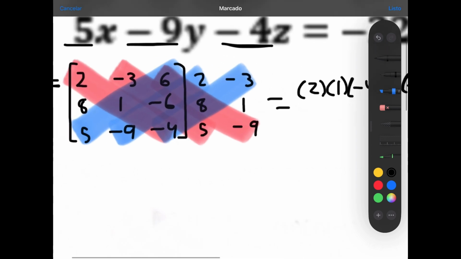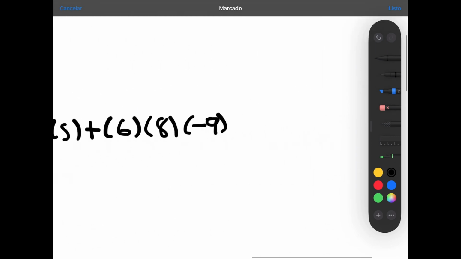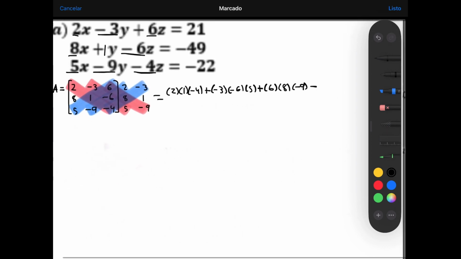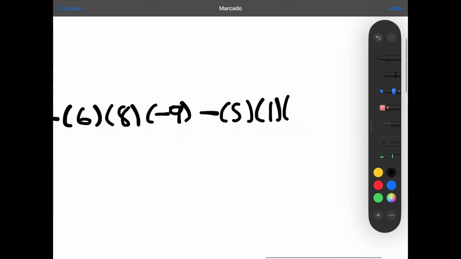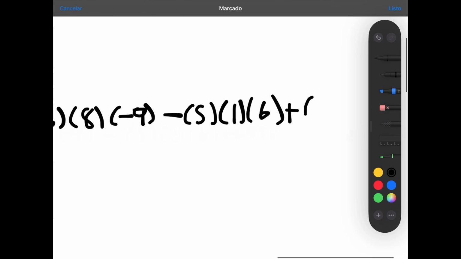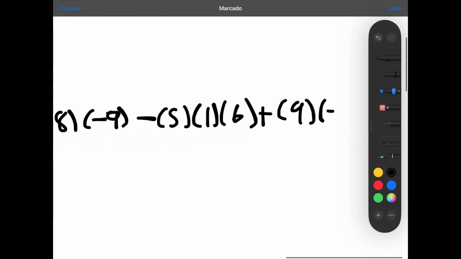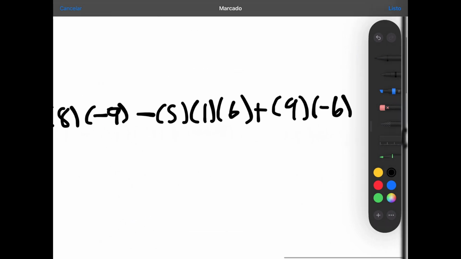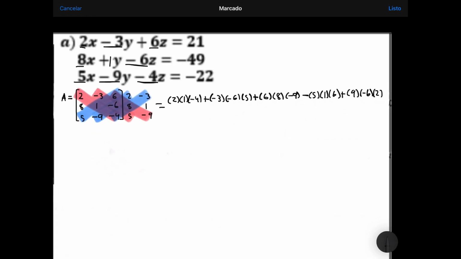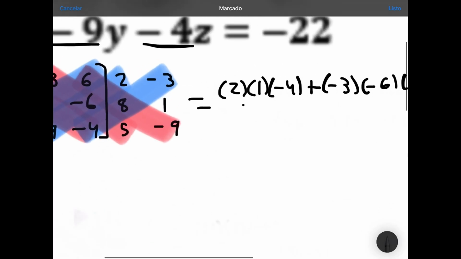Now once you're done with all the red ones, you're going to subtract this by the blue ones. So then it's 5, 1, 6 plus 9 minus 6 times 2, and then times -4, 8, and -3.